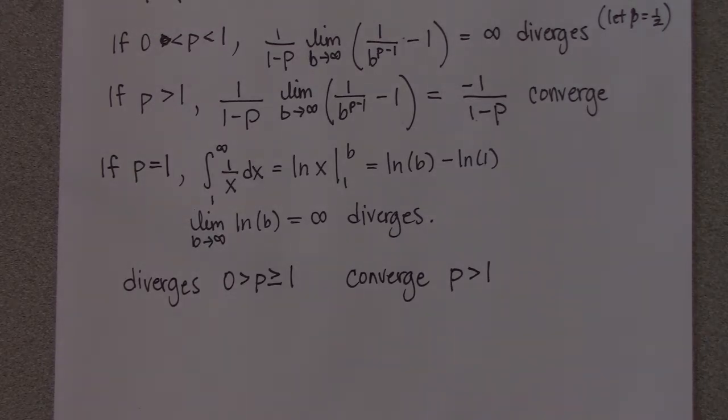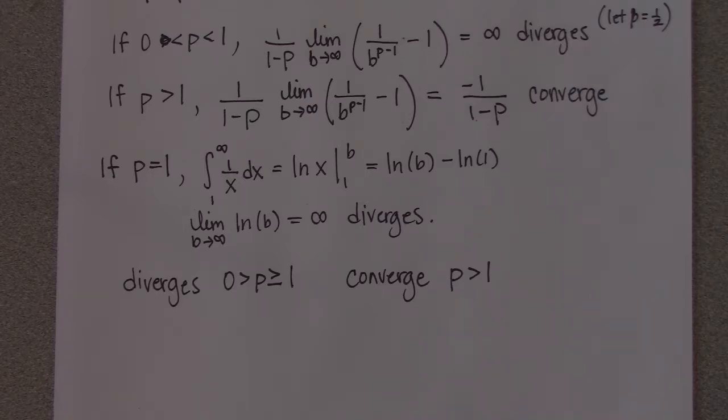So even if you see 1 over the square root of n, that's a p series where p is 1/2. If you had 1 over n to the 3/2, that's a p series where p is 3/2, and that's greater than 1, so that would converge, okay? So even with radicals, if we can always write it as a power, we just simply have to apply, is p between 0 and 1, or is p greater than 1, okay?